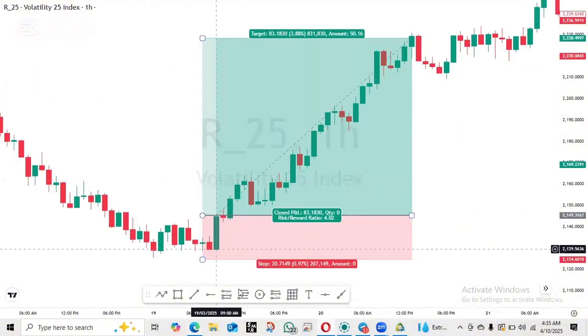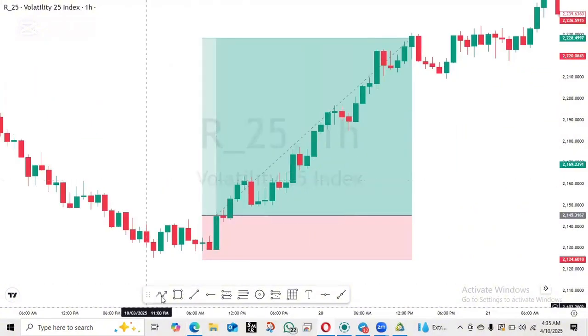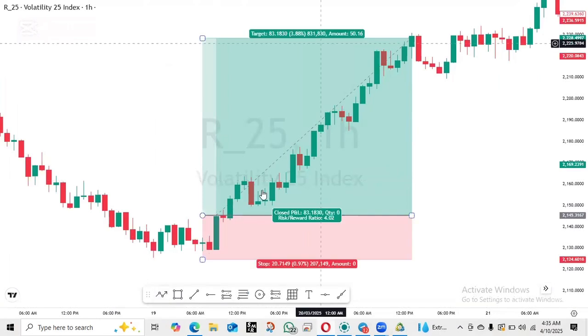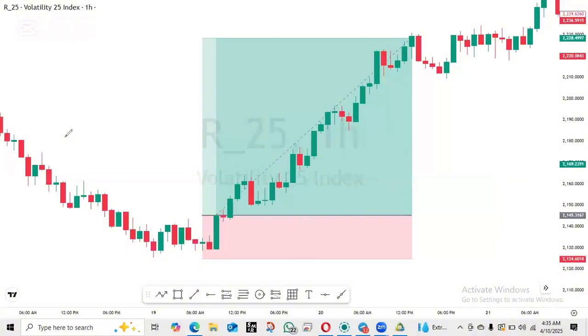So here we have this little bearish candlestick covered by the bullish one. You can see that. That's exactly what I explained to you. This is what we call the bullish engulfing candlestick pattern.